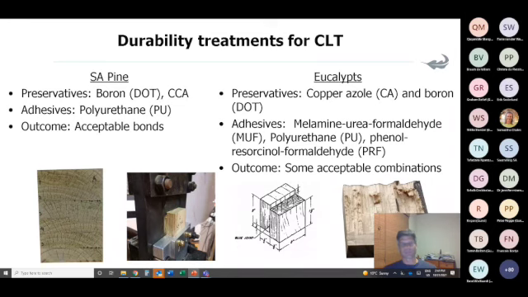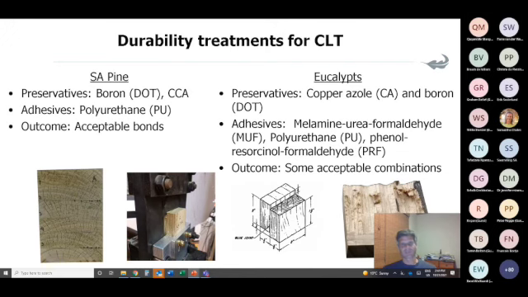So we did a couple of projects to test whether certain preservatives and adhesive systems can be used for mass timber. We did it for both South African pine and eucalyptus, and for most of these combinations we did get acceptable bonds. So we can produce treated CLT, for instance.